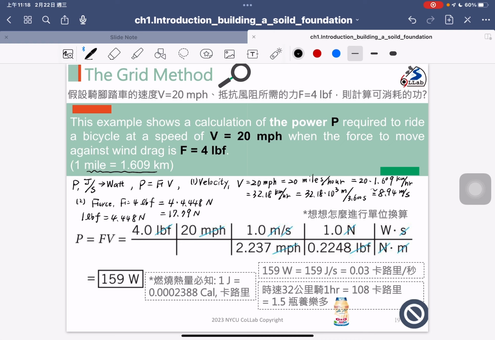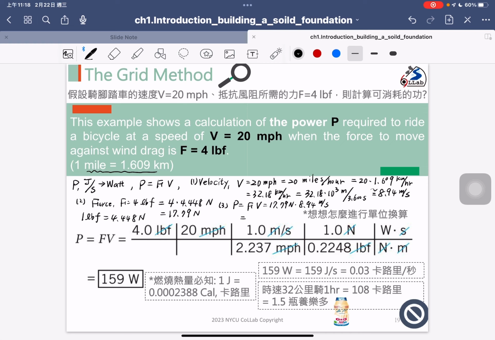And then we already have the force and velocity in SI units, so I can directly compute the power. The final purpose is to compute the power with the force and the velocity. So I put the two numbers together: 17.79 newtons multiplied by 8.94 meters per second.